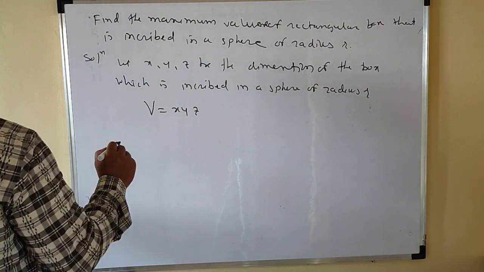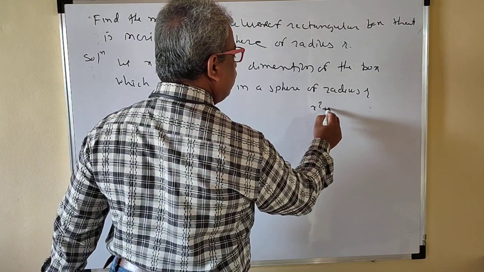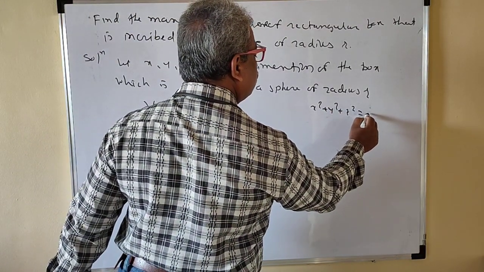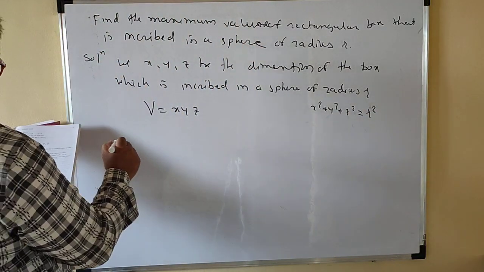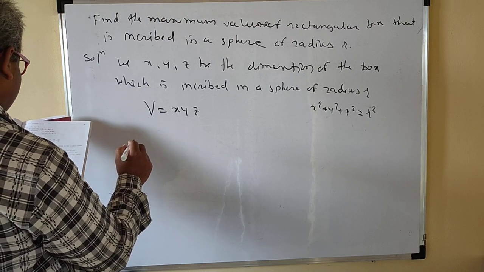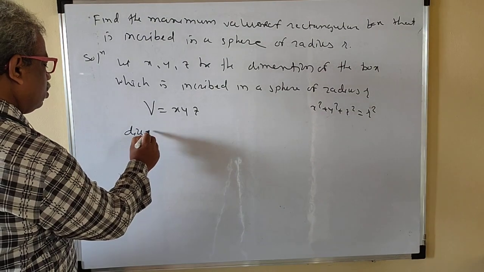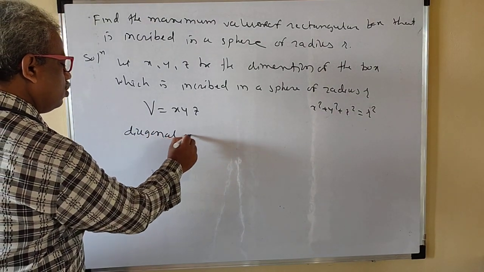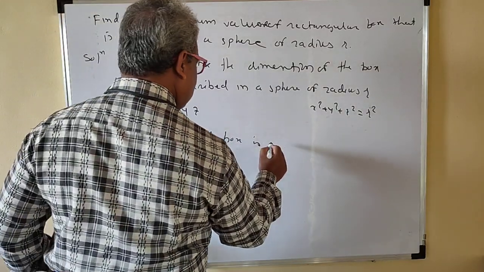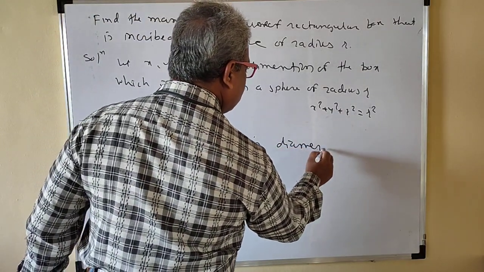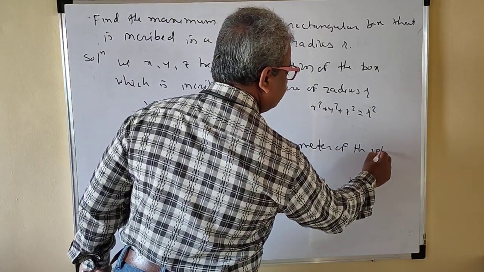So now since the equation of the sphere is x square plus y square plus z square is equal to r square. Okay. So now the diagonal of the box is the diameter of the sphere.